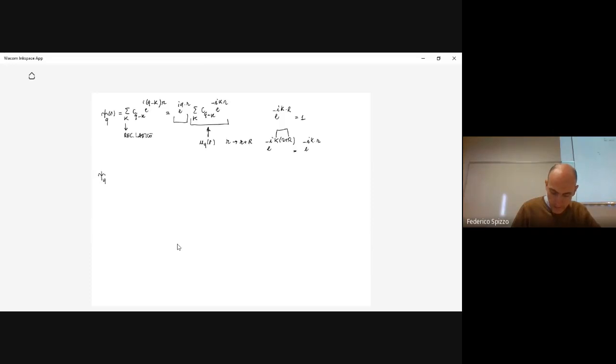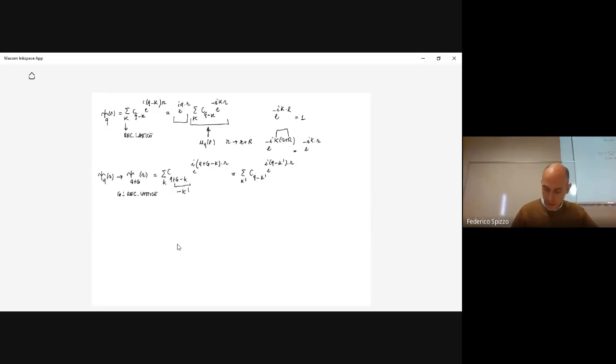If we replace Q by Q plus G, where G is a vector belonging to the reciprocal lattice, then what we have is a summation over K of C_{Q+G-K} e to the i (Q plus G minus K) times R. But since, if K is a vector of the reciprocal lattice, also G minus K is a vector of the reciprocal lattice, if I call G minus K, K prime, then this is equal to a summation over K prime of C_{Q-K'} e to the i (Q minus K prime) times R.